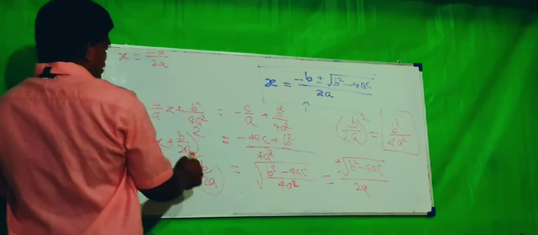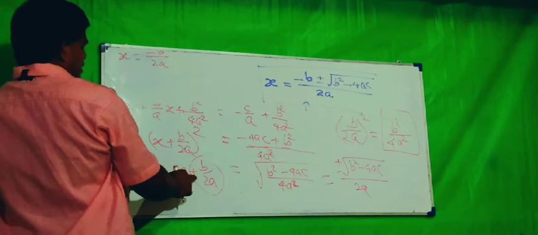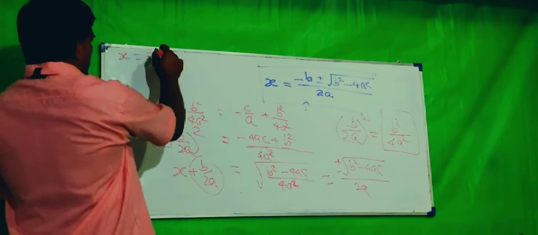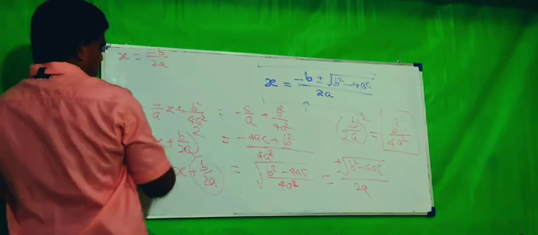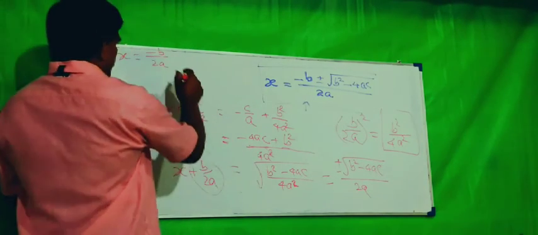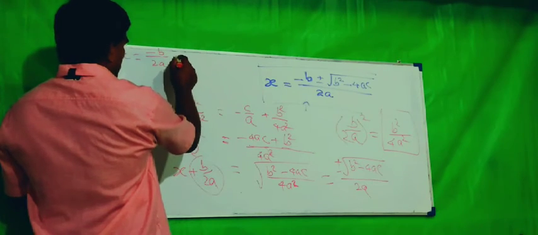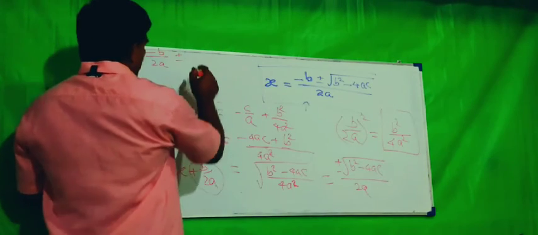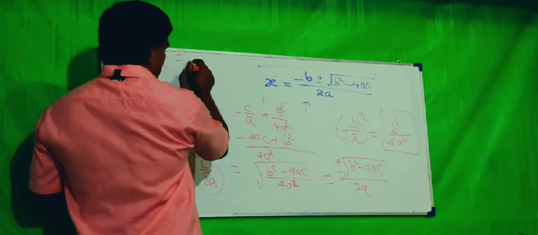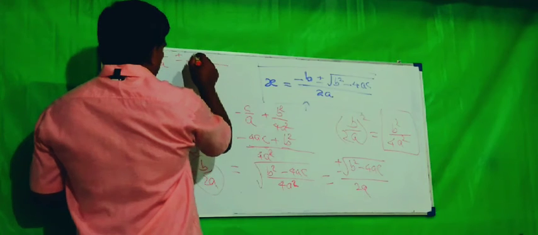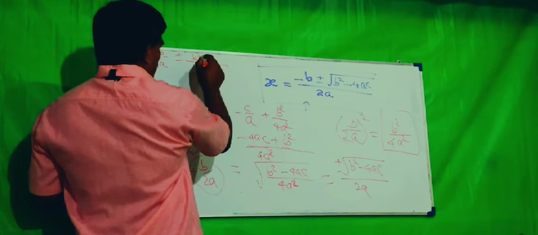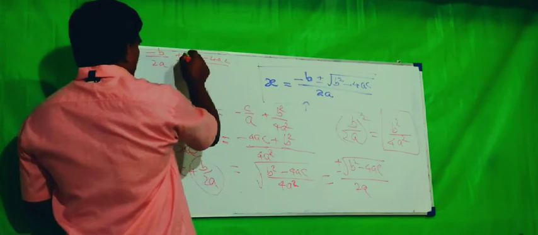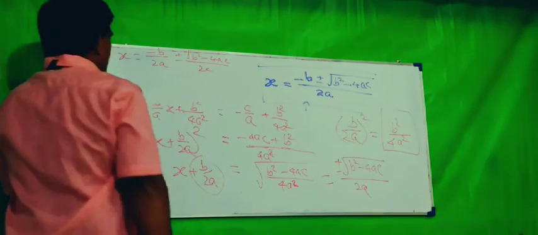It becomes the inverse sign: positive, when moved to the other side, becomes minus b upon 2a, and this one plus or minus the square root of b squared minus 4ac, over 2a.